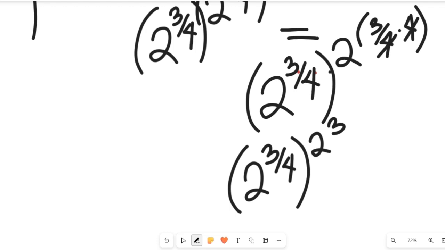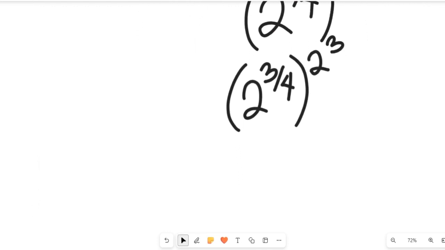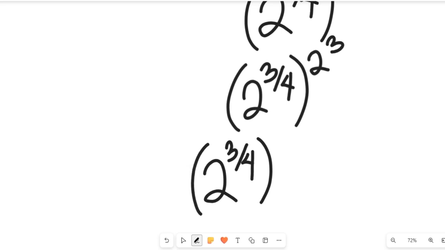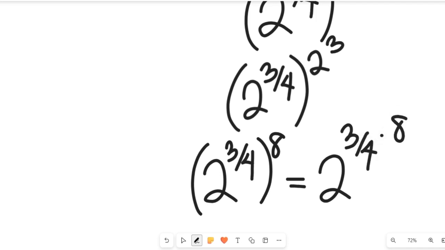And remember, 2 to the power of 3 is 2 times 2 times 2, which is 8. So we'll have 2 to the power of 3 divided by 4, all to the power of 8. And this will be equal to 2 to the power of 3 divided by 4 multiplied by 8. So 4 here will give us 1, and 4 will divide 8 to give us 2.